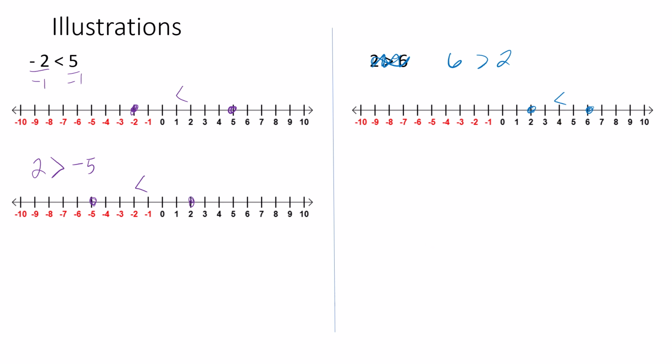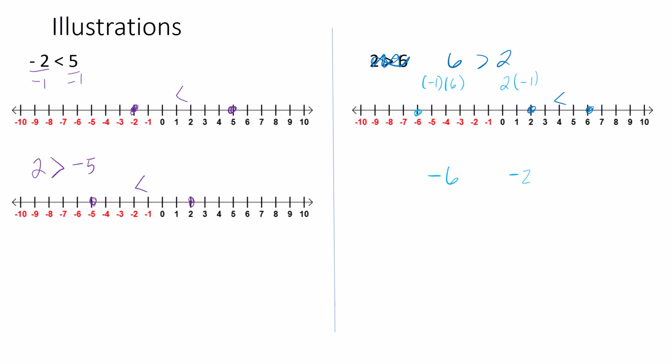Now, if I go and multiply both sides by a negative 1, okay, so we'll do the multiplication. Negative 1 times 6 is negative 6, and I want you to notice what happens. This 6 got reflected or mirrored over to the other side, where it is now a negative 6, and the 2 becomes a negative 2.